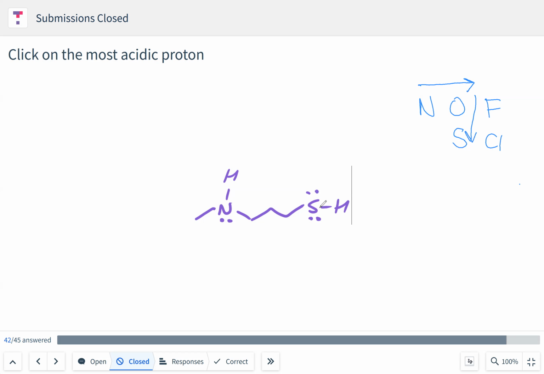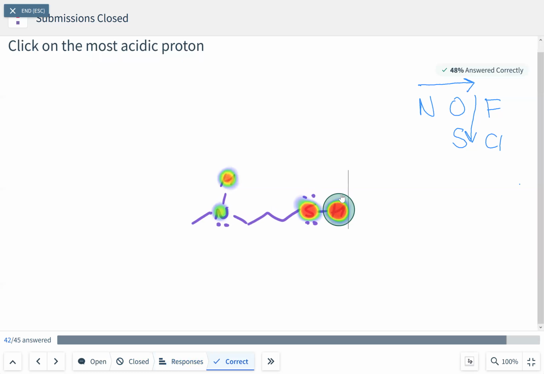So that would mean that this thiol has the more acidic proton. It's the most acidic proton. So don't click on the sulfur itself, click on the proton. The correct response is the proton. That is the most acidic proton here.